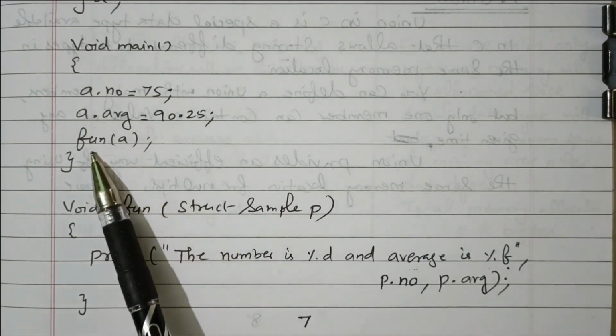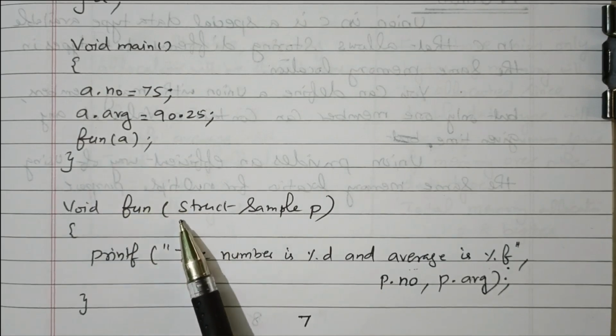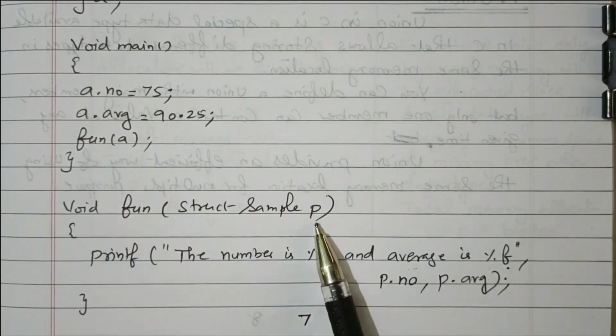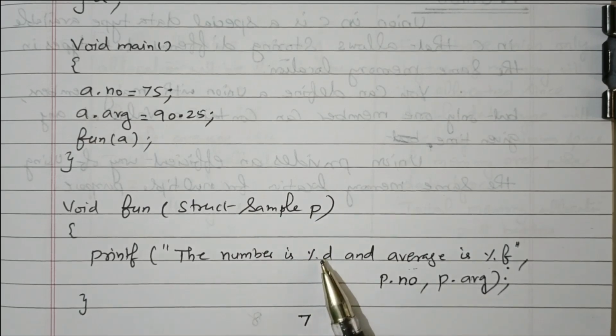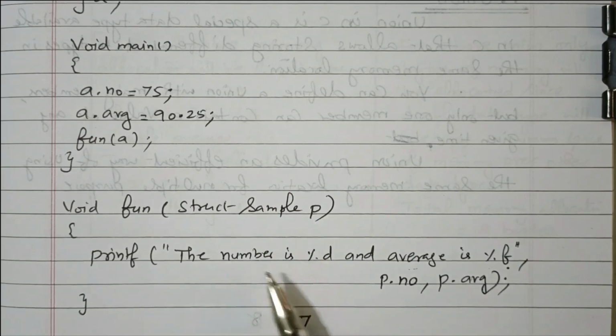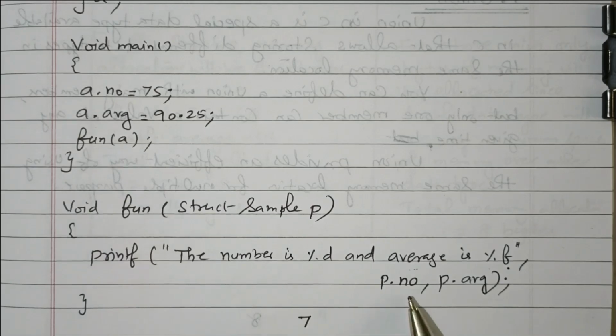So while calling this function, the entire structure is passed to the function. By using this p, we are referring to both number and average, right? So in this, we are accessing all the members of the structure because we passed the entire structure, right? So the number and average are printed here. So this comes under passing the entire structure.